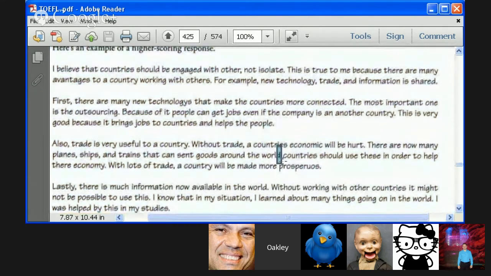Either that, or if you really want to continue the sentence, you have another independent clause here. You got a noun and then a verb. If you really want to join it together, you need to use either a semicolon, which we can use to join two independent clauses, or you need to use a comma and... comma, and countries should use these in order to, or maybe result, comma, so countries should use these.